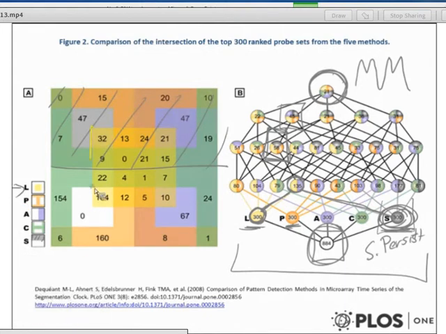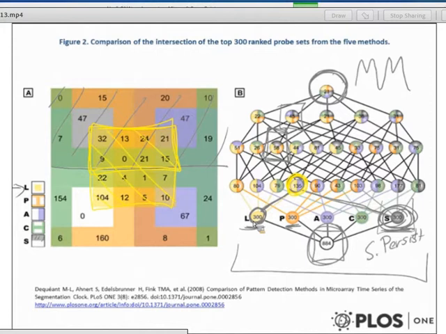The yellow color is this, and so that would be this thing here. So if you want to see what's in the intersection between yellow and gray, that would be this right here. If we add up these numbers right here, that should equal the 135, the intersection of S and L.